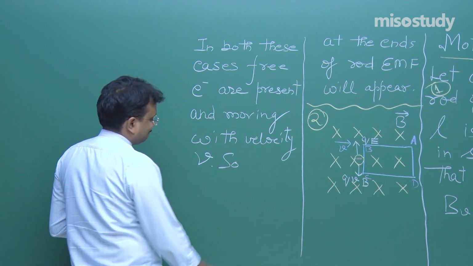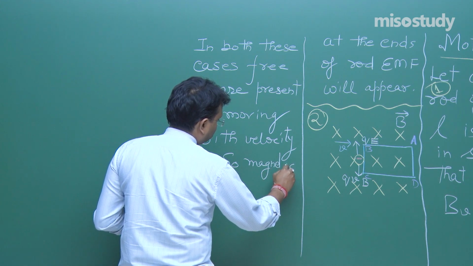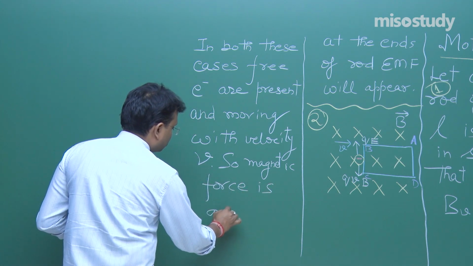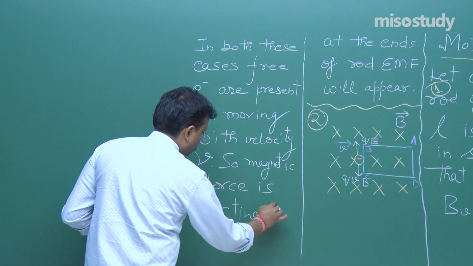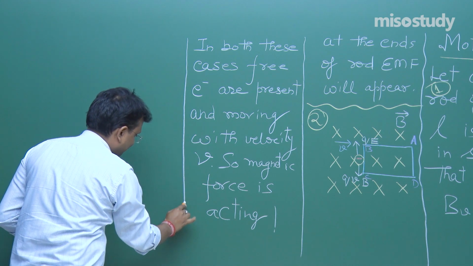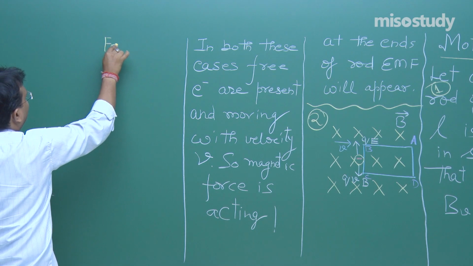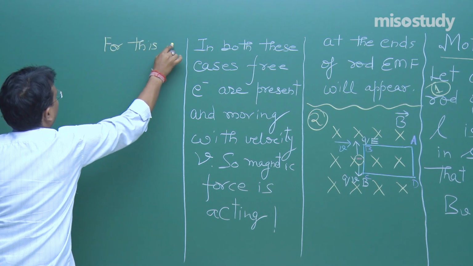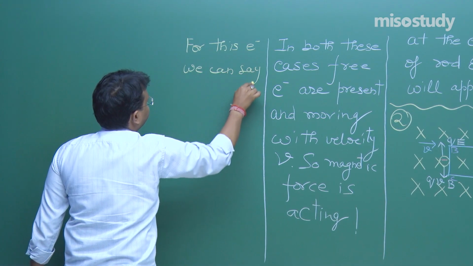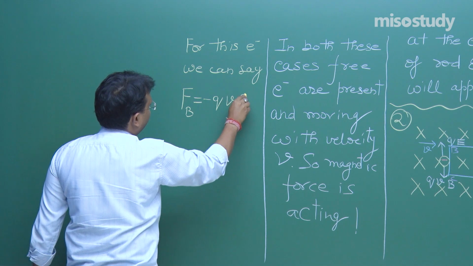So, magnetic force is acting, fine. So, for this electron, we can say F is equal to minus QVB.